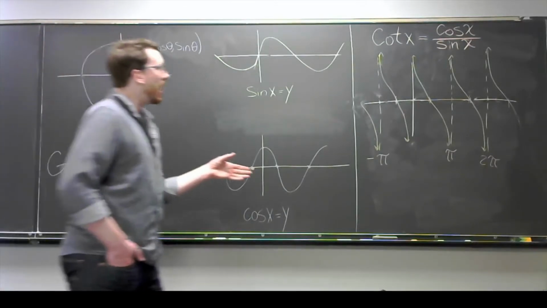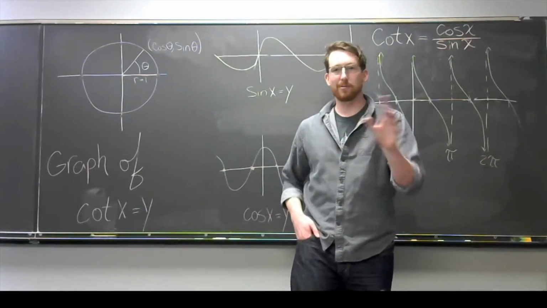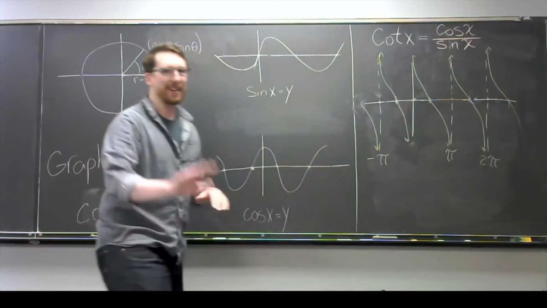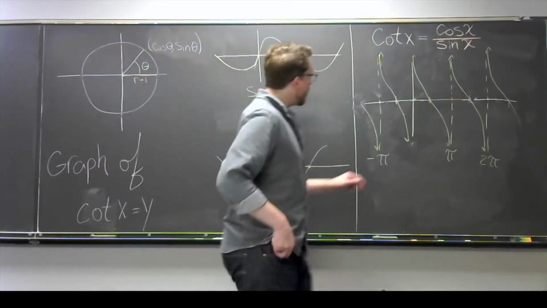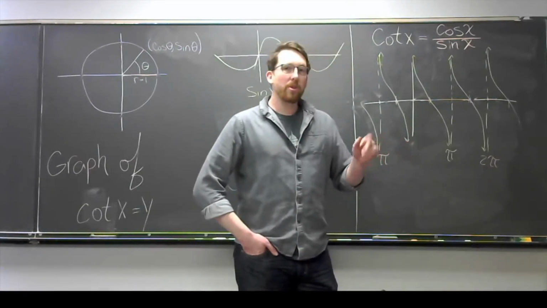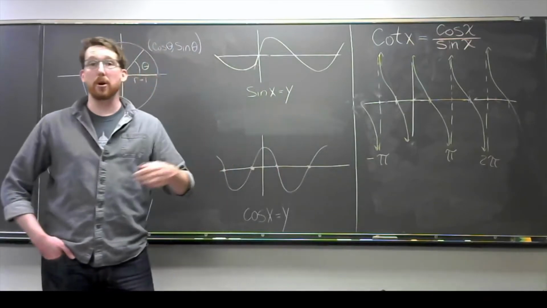So having said that, what about cosecant? Well, let me back up for just a second. There's something else I wanted to point out. With the other trig functions, I've said that they're 2 pi periodic, right?